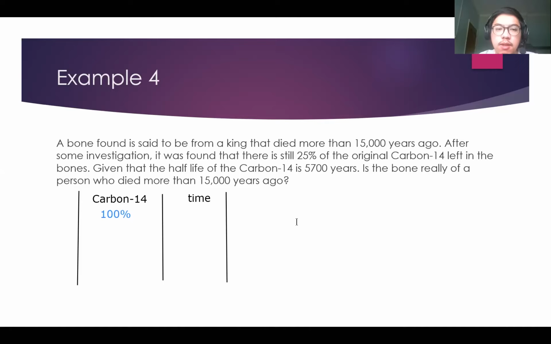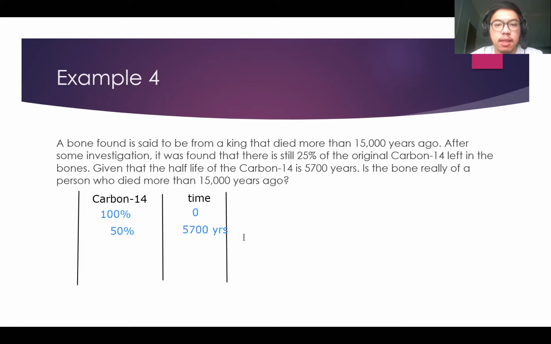Okay, 100% of the carbon-14 still exists. Let's say that's when he died, so time is 0. And then remember, the half-life of carbon-14 is 5,700 years. So after 5,700 years, the amount of carbon-14 now should be half, so it should be 50%.